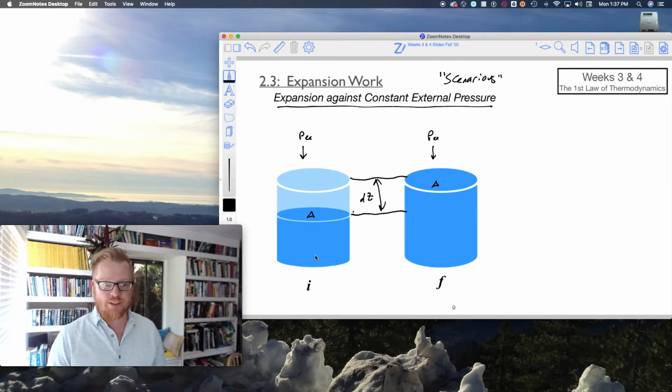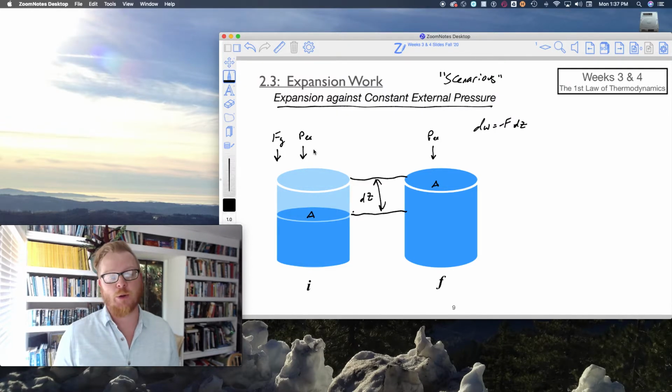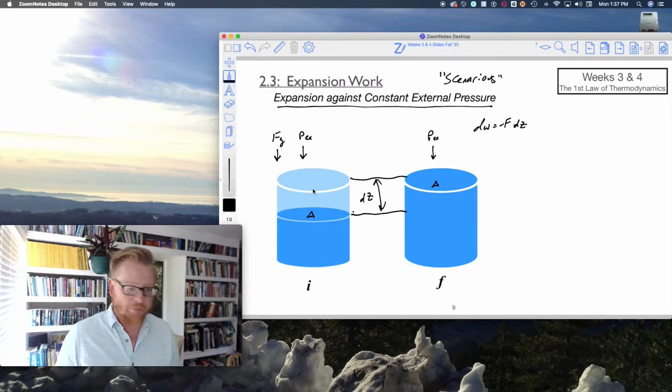So what we can first say about this system is the following. We know that dW is negative force times dz, okay, great. And we really know that this constant external pressure is really the force due to gravity, right? Let's just suppose the cylinder is open to the atmosphere, okay?